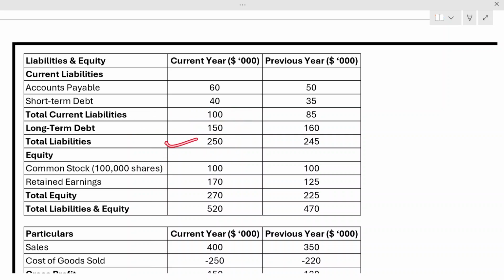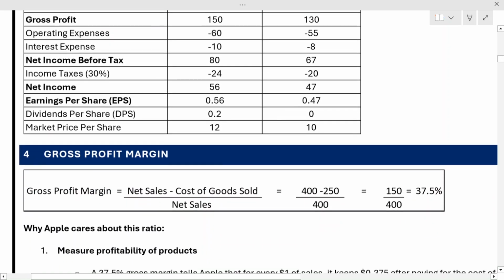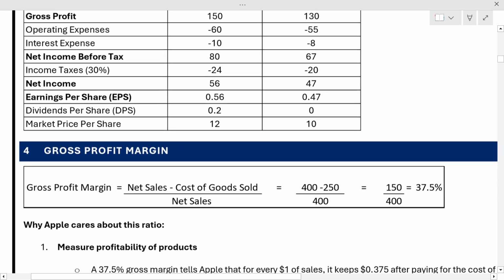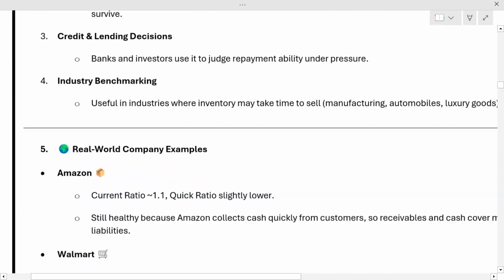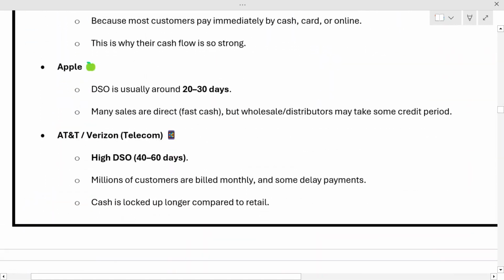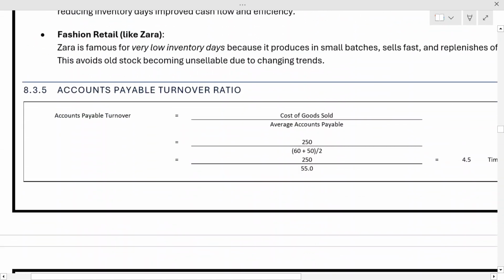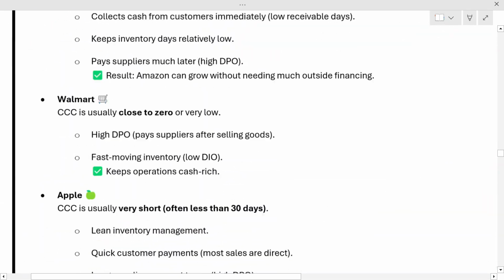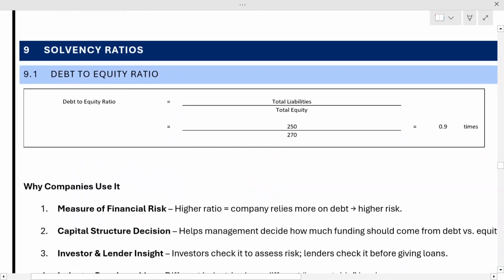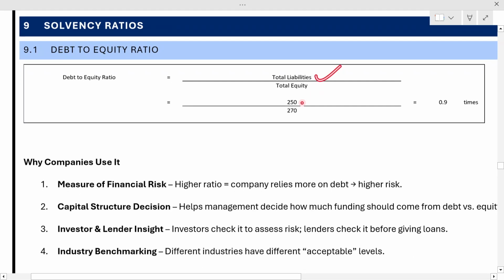So our total liabilities are 250 versus our total equity of 270. If we go below and see how this impacts our debt to equity ratio, that will be just here. So our total liabilities were 250 and total equity was 270.